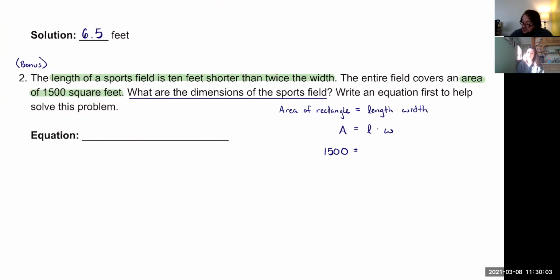Not specifically, but that first statement up there said that the length of the sports field is 10 feet shorter than twice the width. Well, to get 10 feet shorter, you would subtract 10. And in this case, we're subtracting 10 from twice the width, which would be 2W.